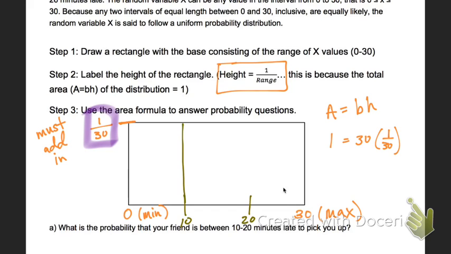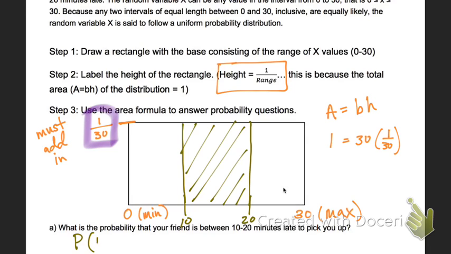But I want to find the area of this shaded region right here from 10 to 20. So how I ask you to show your work is I want you to show me the interval that you're finding. So I'm going to say P, which is probability, 10 is less than or equal to X is less than or equal to 20. So that's telling me what the interval is.